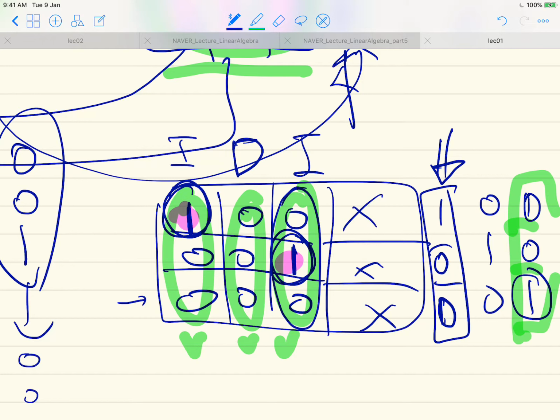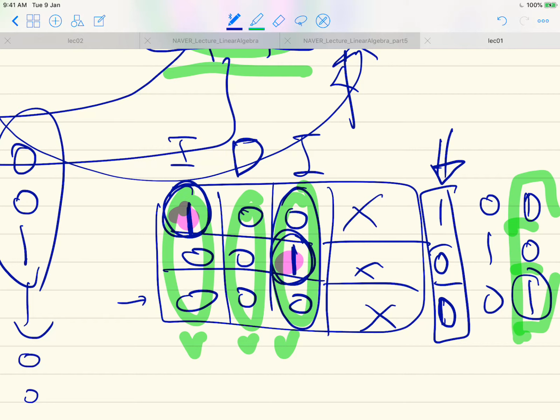And that means we have the same number of rows as the number of columns, right? So what is the meaning of the rows? The row is each dimension of those column vectors, right? So the first dimension and the second and the third dimension, and so we have 3 dimensions, but we have only 2 non-zeros or 2 pivots, which means some of the dimensions will be completely 0, right?